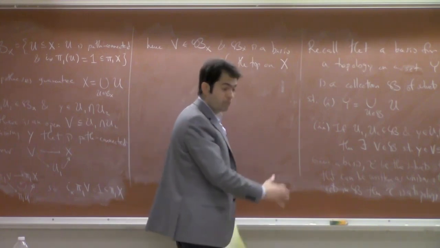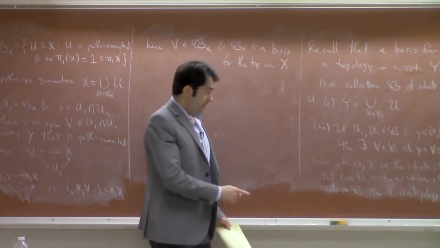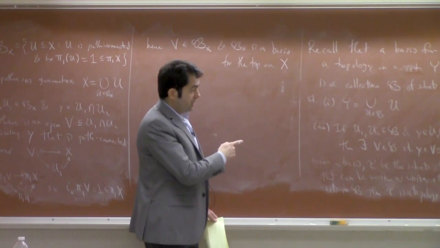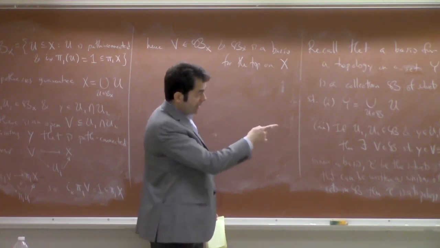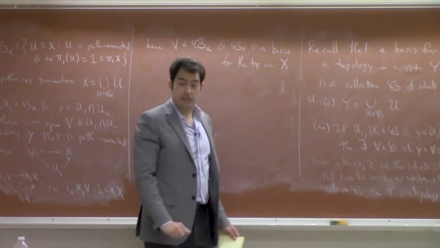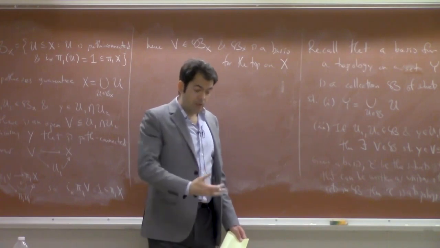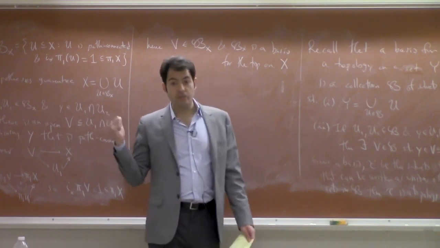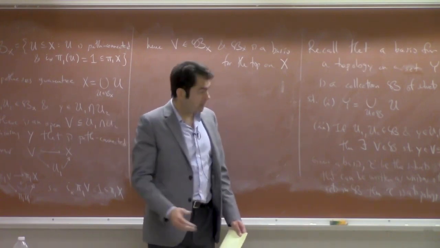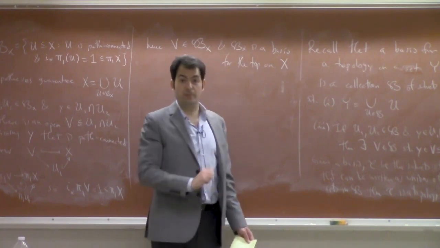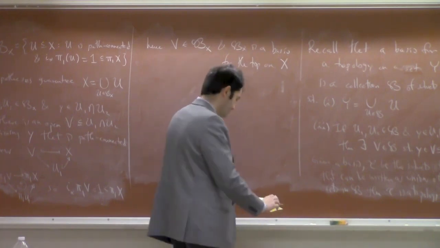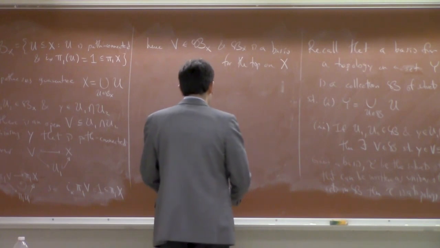So that's the first step. We found a basis. Now to make sure that this basis is good for us, we need to check that the inverse image of one of these sets breaks up into these slices for P.